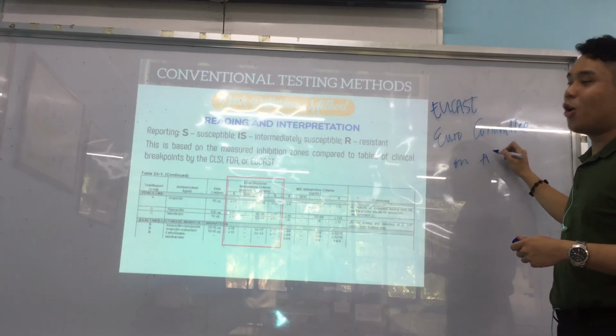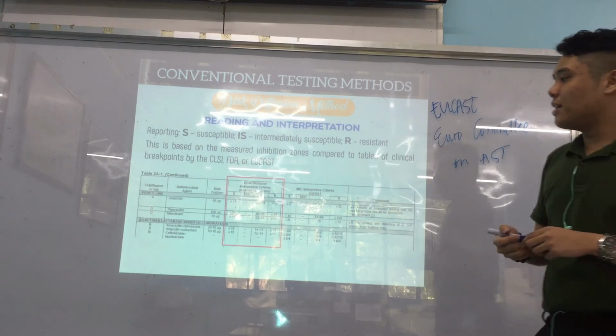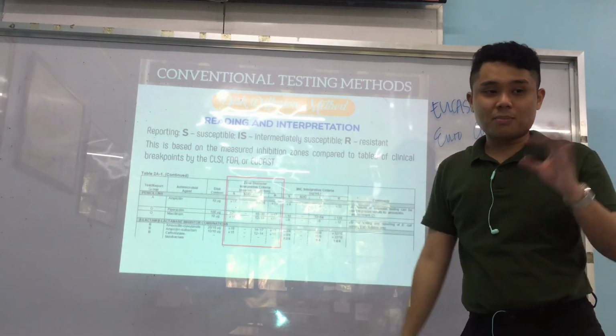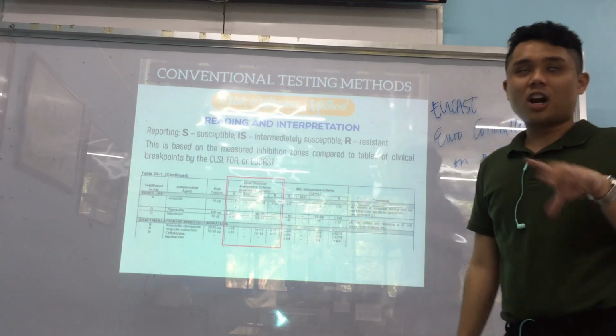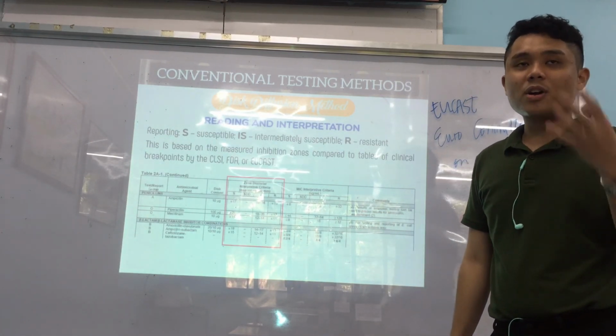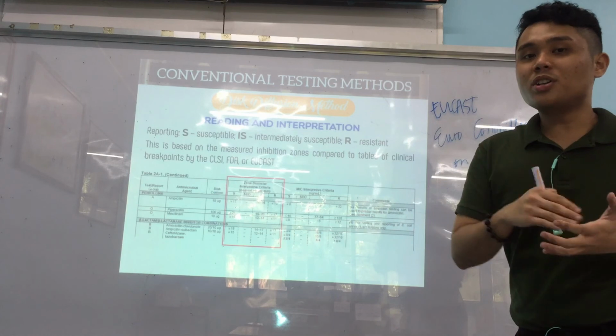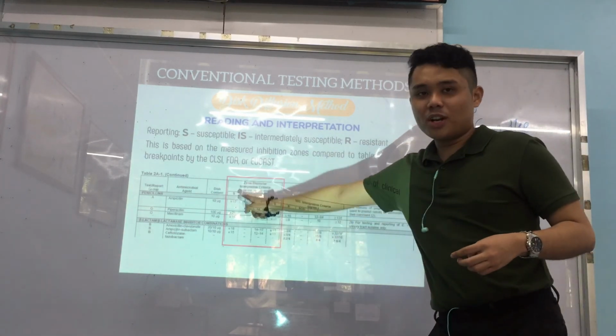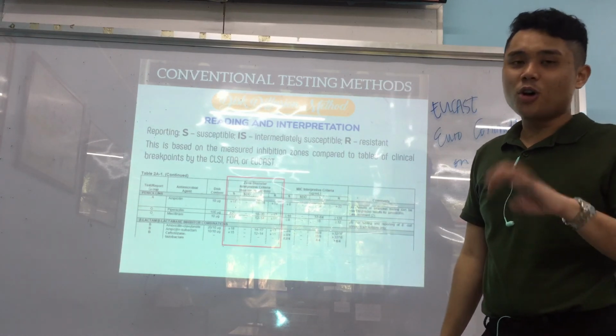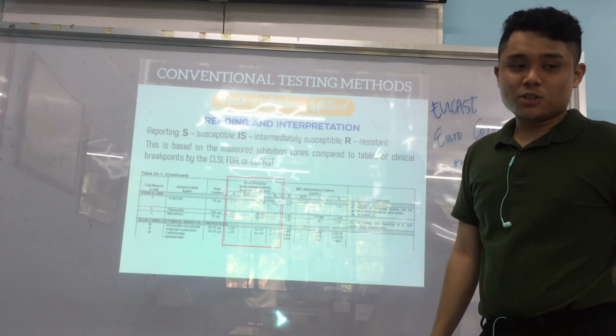Okay, right. Alright. And we determine if our measurement is susceptible, intermediate, or resistant. For intermediate, guys, there are many reasons for intermediate, and one of them is that it is susceptible, but not as effective as a susceptible good result. Okay? So always aim for susceptible.